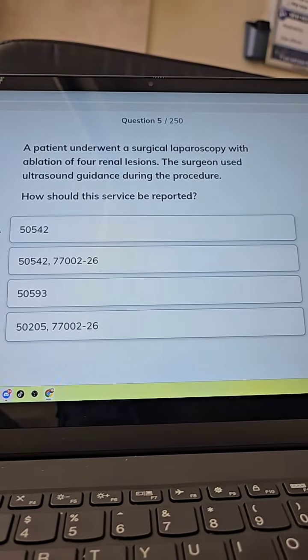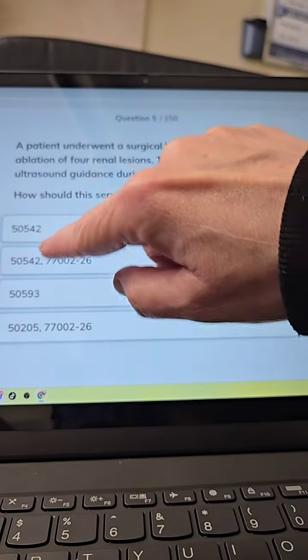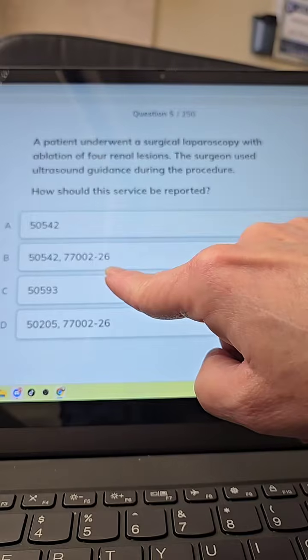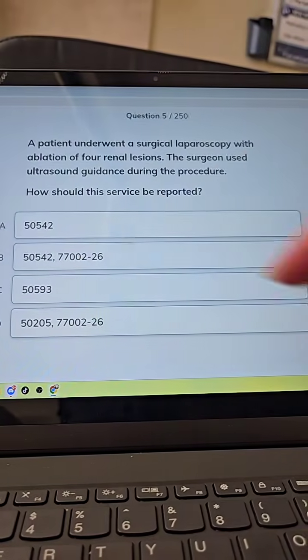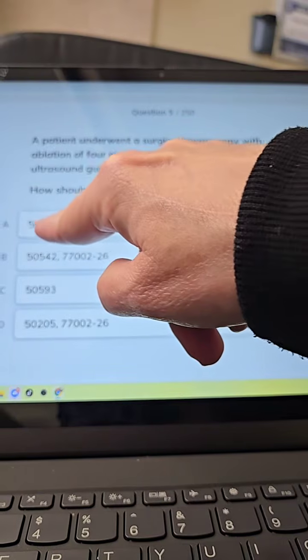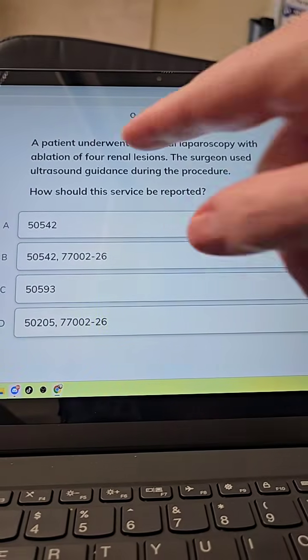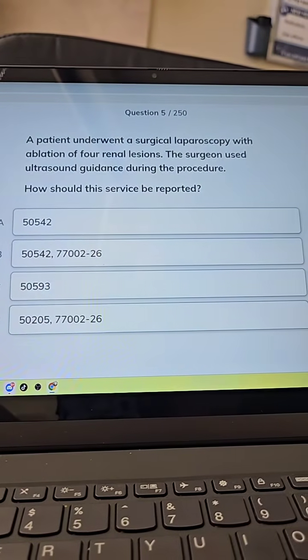All right. What have we got going on here? The four 2s are the same, and they just want to know if we can add the radiology to it or not, probably. So we just need to look at the descriptor here and see if it already includes ultrasound. If it doesn't, then we need to go add that code.